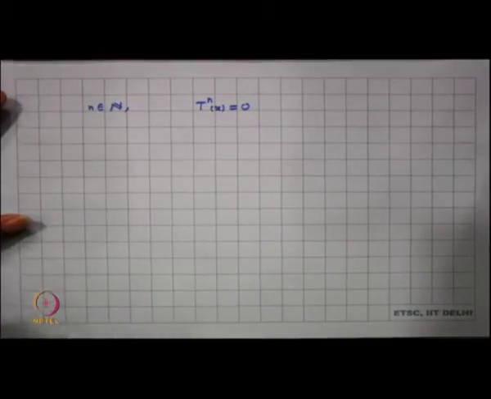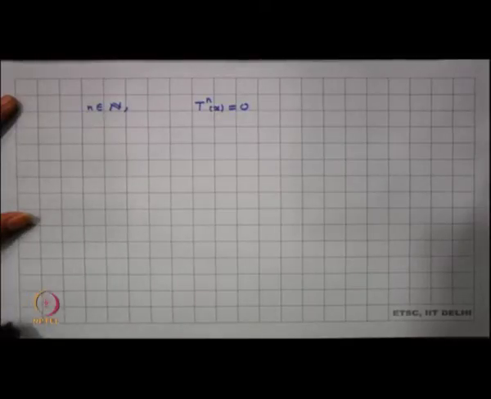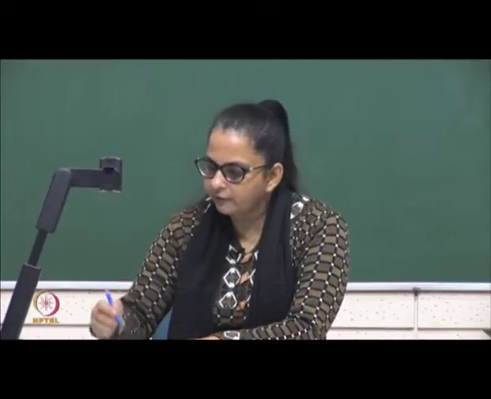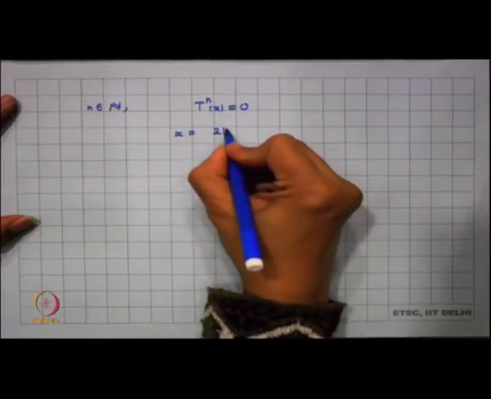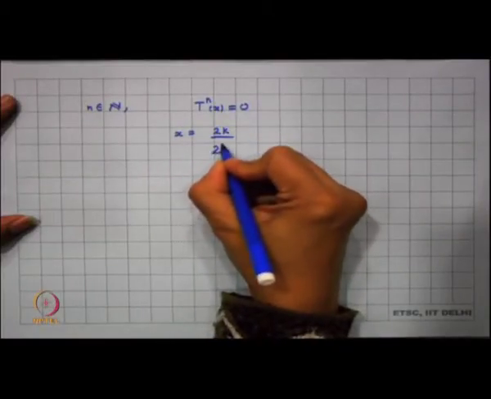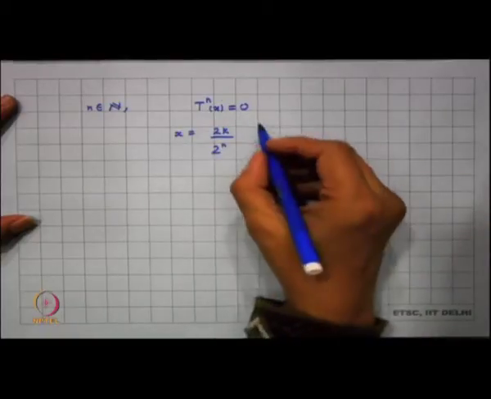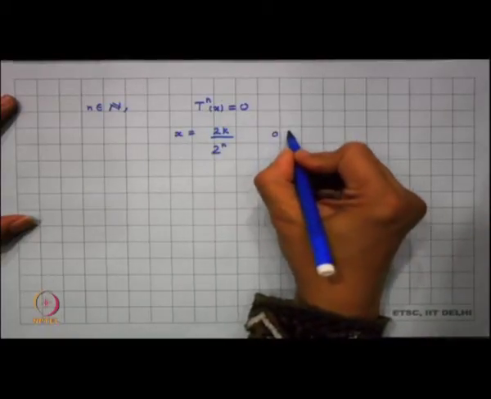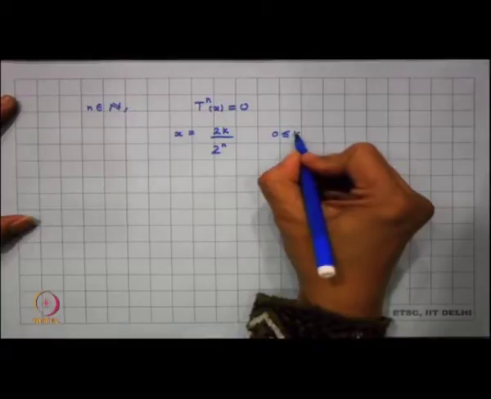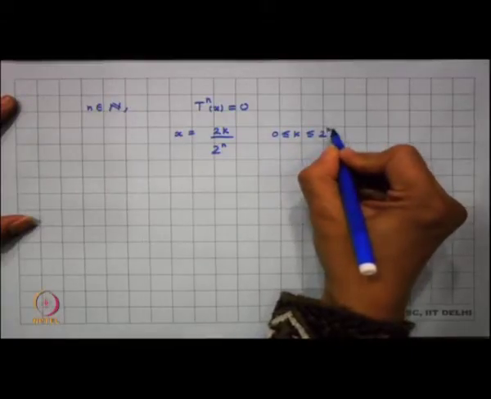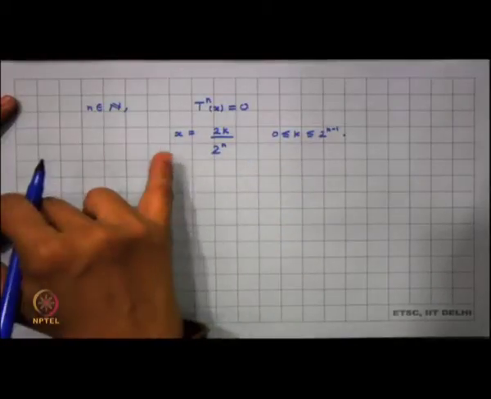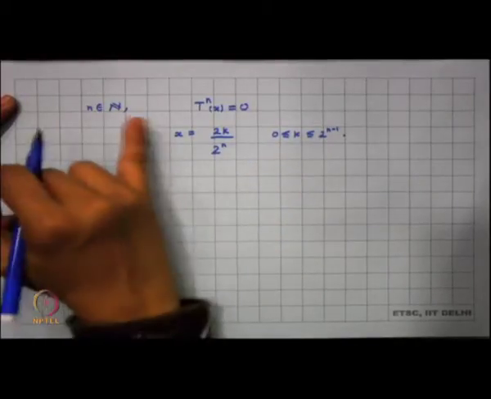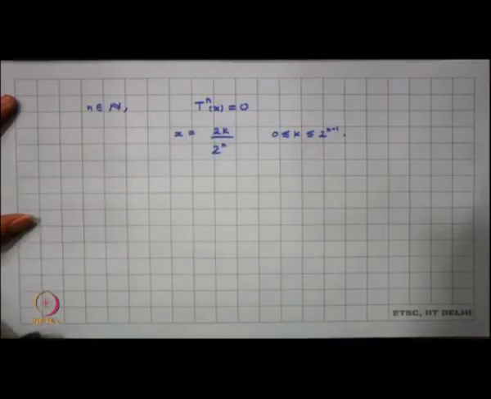Try to compute this for any n. We find that whenever x equals 2k upon 2 to the power n, actually it should be 2 to the power n minus 1, does not matter, where 0 is less than or equal to k is less than or equal to 2 to the power n minus 1, for all such x, T to the power n of x happens to be equal to 0.